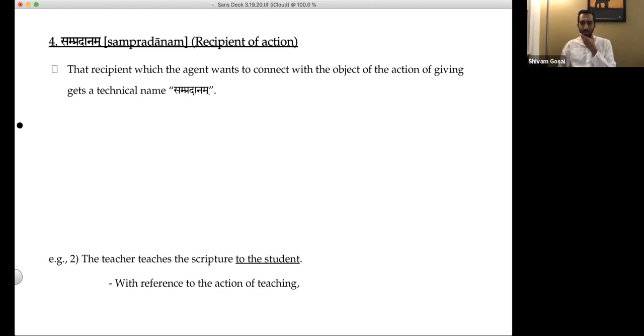So you can just put number 1, 2, 3. Who is the doer, the object, and the recipient of the action? Even if other people have typed it already, still type it in so you don't need to look at their answer. You can check yourself.